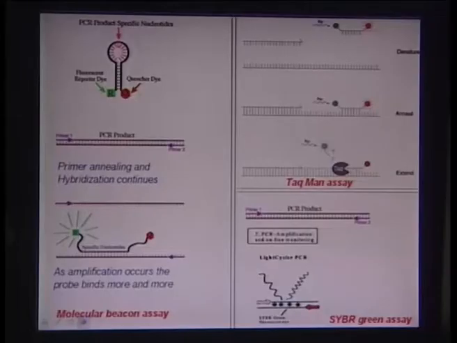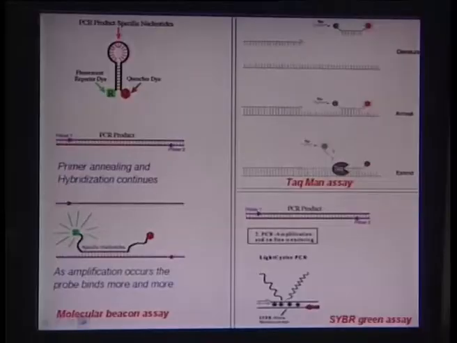So, there are many detection methods to establish this increase in signal, one of them being fluorescence. Essentially, fluorescence is again a physical phenomenon wherein an electron transitions from a ground to an excited state, but then the electron comes back in steps. It first comes back to a lower excited state, and then a bunch of electrons all together come back onto the ground state.